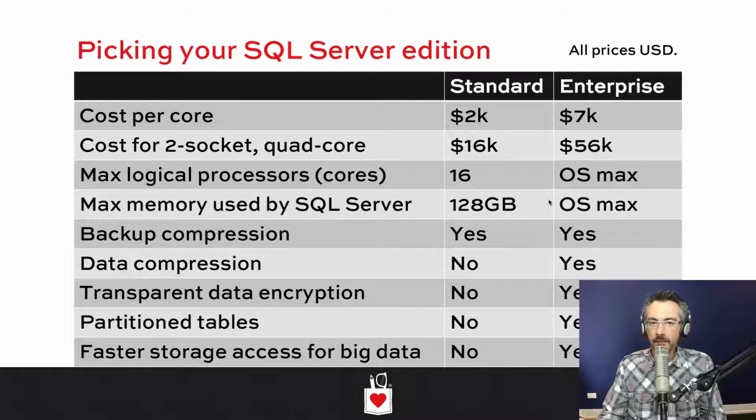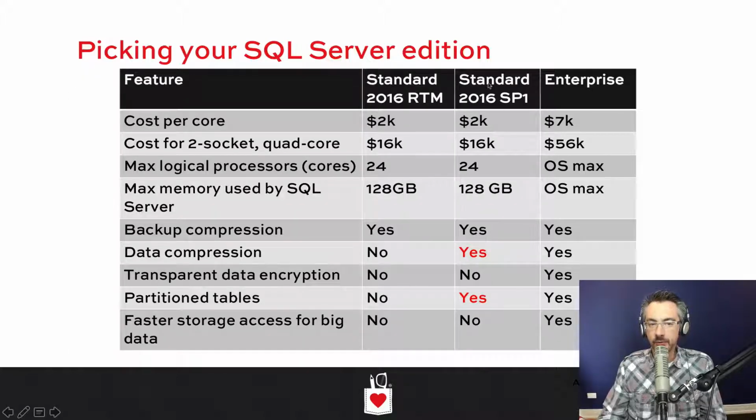Now, things get a little bit more hazy when I start to layer in SQL 2016. With 2016 Standard Edition, I get the ability to do things like data compression and partition tables and even all kinds of other developer-oriented features. But I'm still capped at 24 cores max and 128 gigs of RAM max.